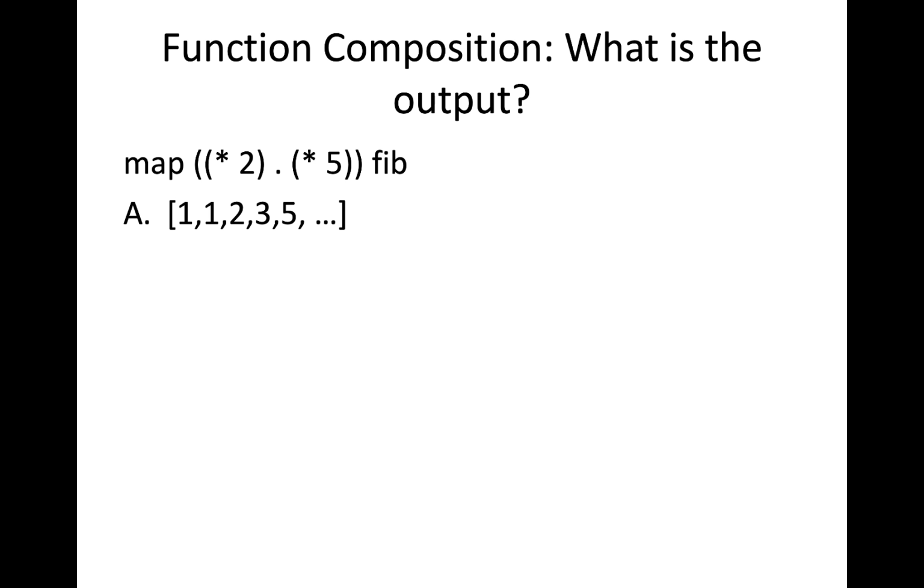Then what will be the output? So let's assume that fib is the infinite series of Fibonacci numbers. Say we have defined that infinite series before, and now we are applying these anonymous functions using map on that.